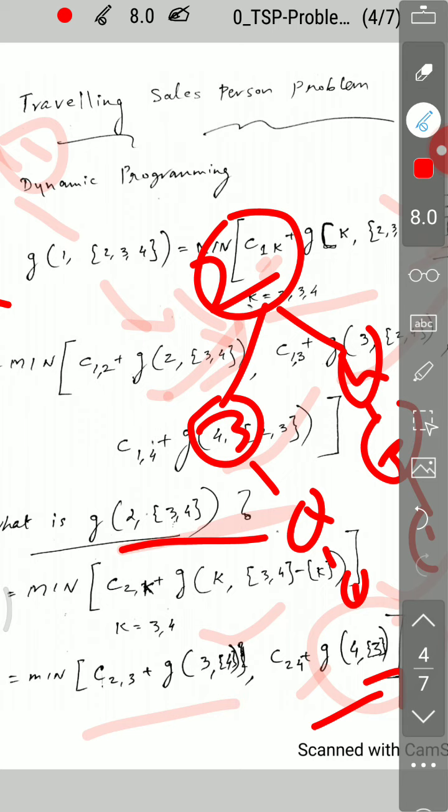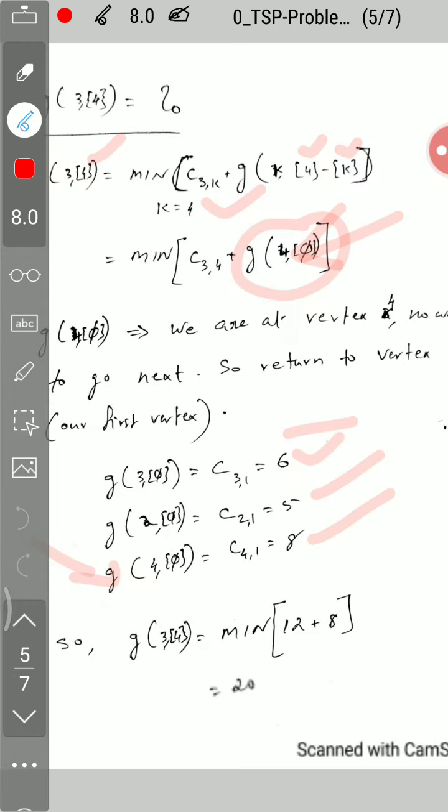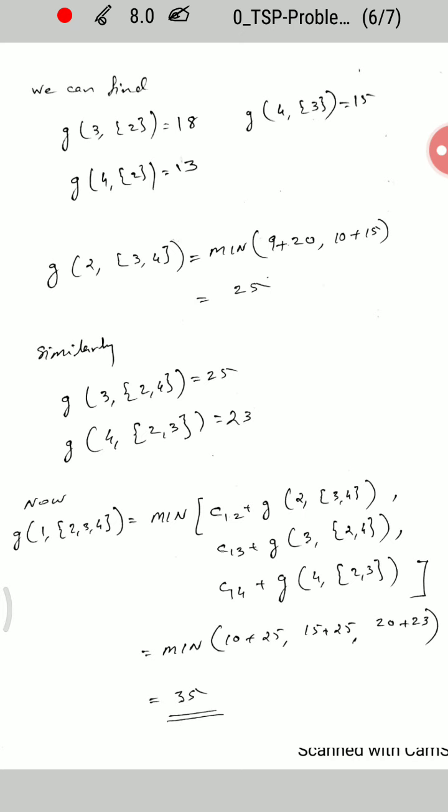Now we can substitute these values, we will be getting g(2, {3,4}). So that is minimum c(2,3). What is the cost of the edge 2 3?